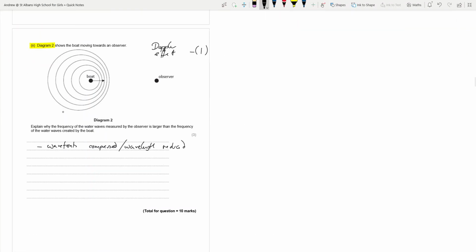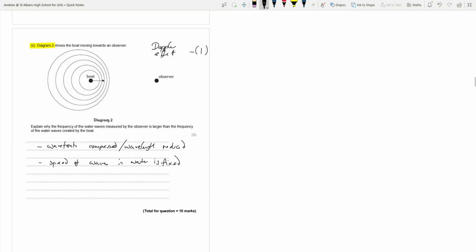The second thing we can say, and it's important here, is that the speed of the waves in water is fixed. I don't know what the speed in these water waves is, but the speed of waves in water, at a particular depth, is a fixed number. They travel at the same speed.